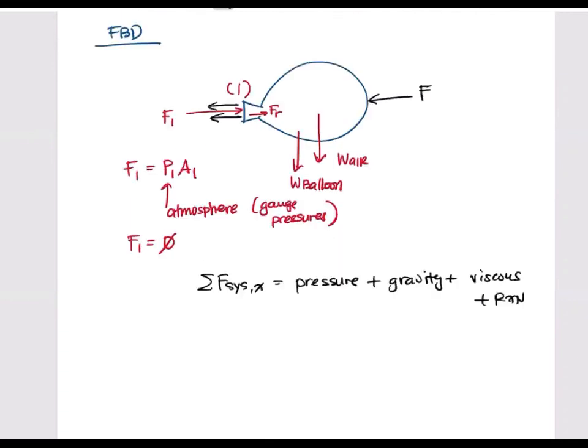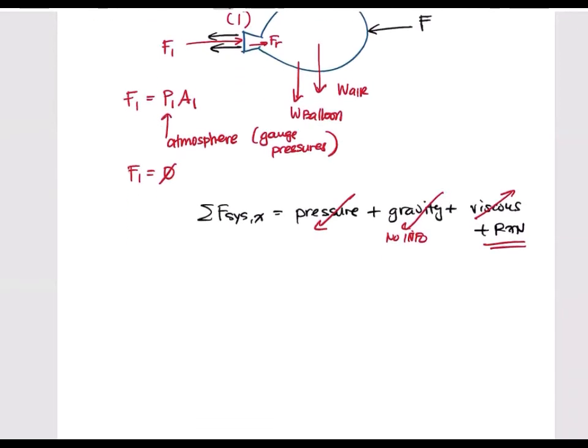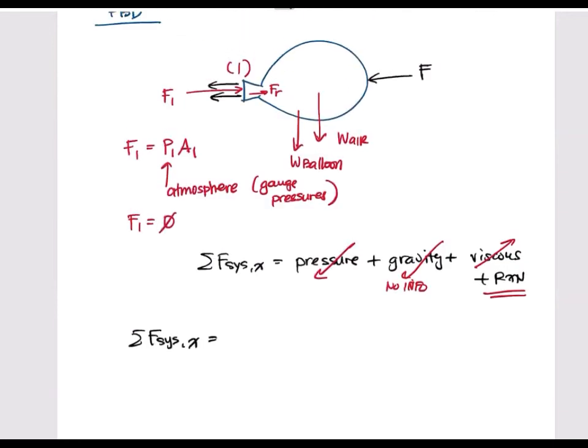Okay, so pressure, this goes away. We're dealing with atmosphere. Gravity, there's no info given. If the weight of the balloon was given, you would consider it. There's no info given about viscous effects. The only thing that we have to consider is our reaction. So the sum of the forces onto the system in the x direction is going to consider F, but again, F is acting against our set datum.